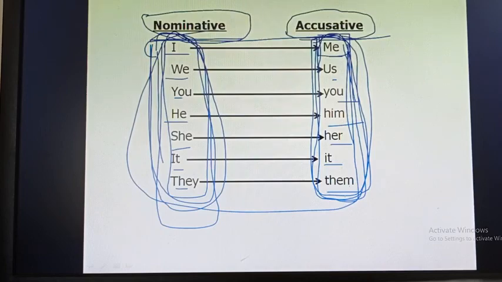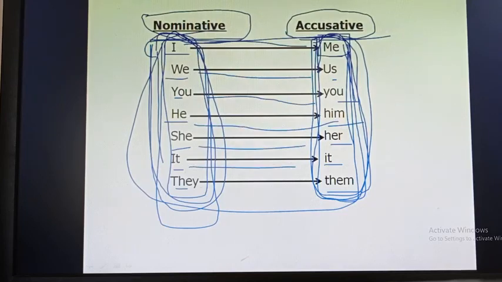All these are the conversion forms of the nominative case. From I it has become me, from we it has become us, from you it has become you, from he, him, from she, her, from it, it, and from they, them. In the next slide I will show you through examples.